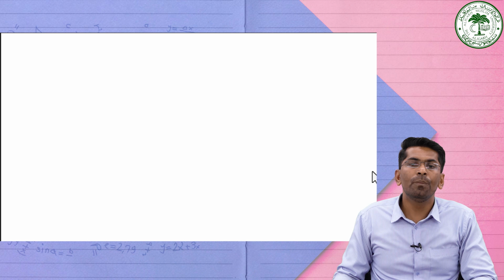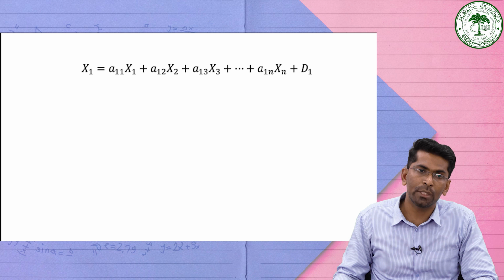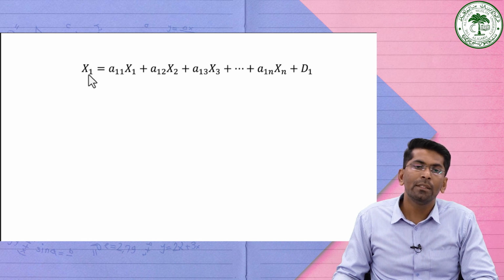Now whatever we explained in the above table, we are going to explain in terms of equations. So we have a simultaneous equation here. x1 is equal to a11 x1 plus a12 x2 plus a13 x3 plus up to a1n xn plus final demand. So the output of the first industry: a11 proportion of x1, a12 proportion of x2, a13 proportion of x3 and a1n proportion of xn is used as an input.